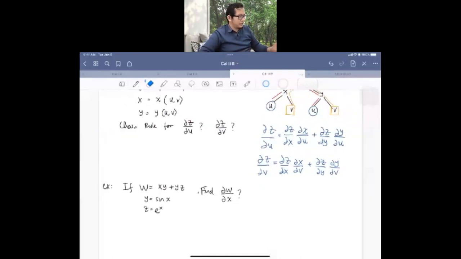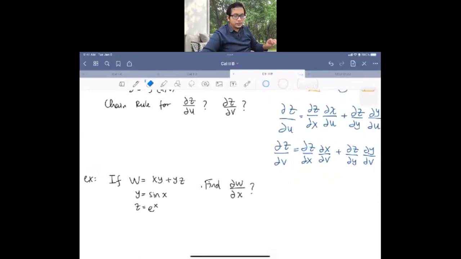Because now w is a function of three variables. So we have three variables. And then y and z both have a single variable x. They are functions of x.